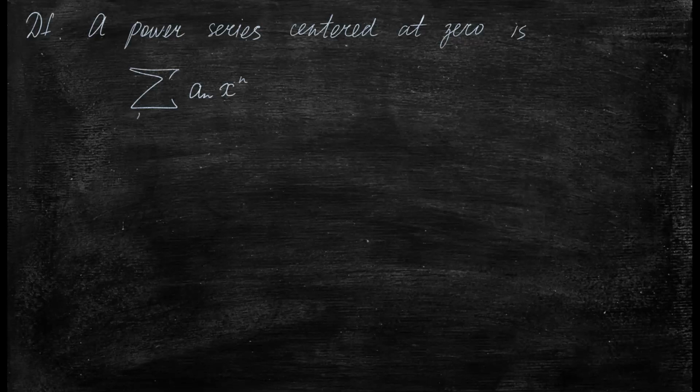So in general, a power series centered at 0 is something that looks like this. And we can actually start at 0 over here. And if we expand the first few terms, it's going to look like this.